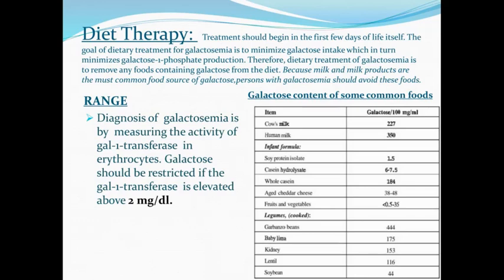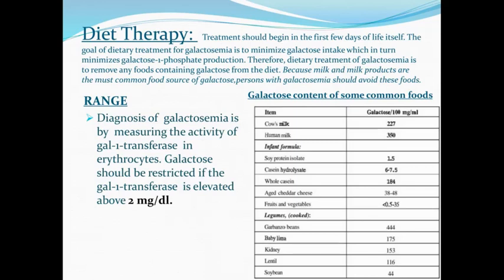Therefore, dietary treatment of galactosemia is to remove any food containing galactose from the diet. Because milk and milk products are the most common food source of galactose, persons with galactosemia should avoid these foods.